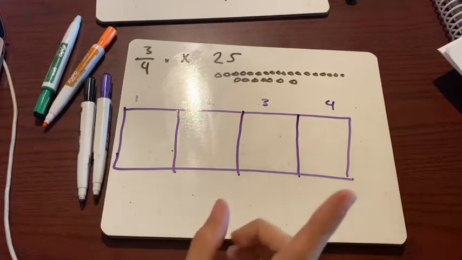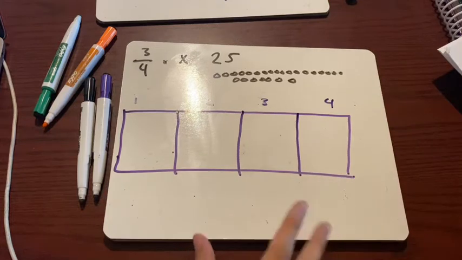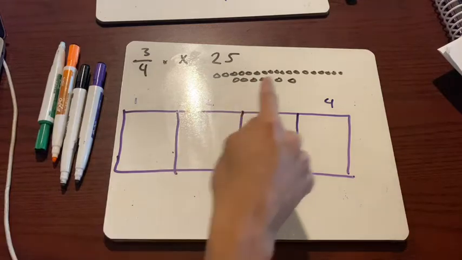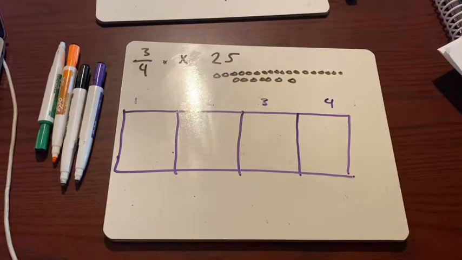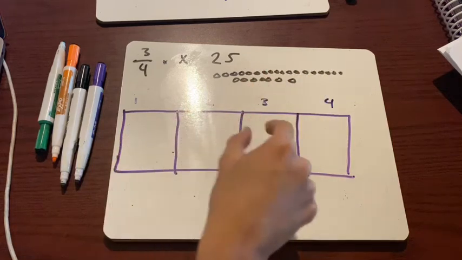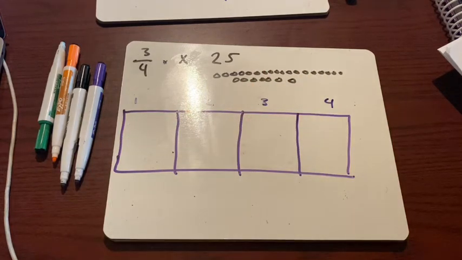Now, here's where it gets a little bit complicated. I have 25 circles. I have 4 rows. How many am I going to have to add in each row so that they're each the same?